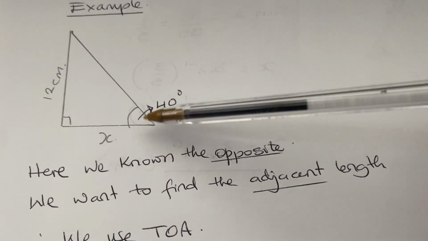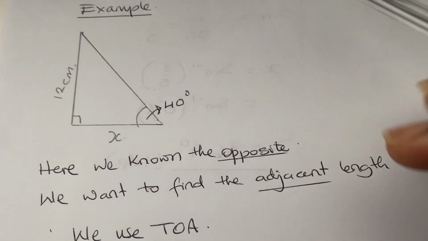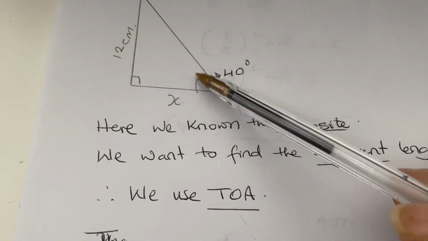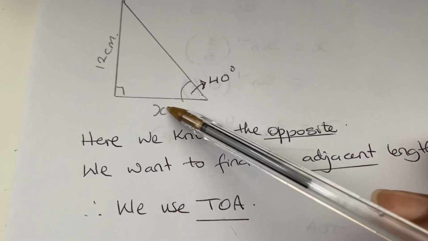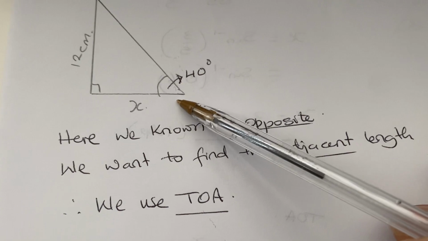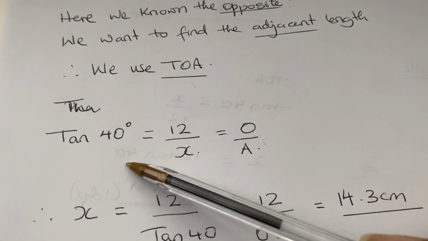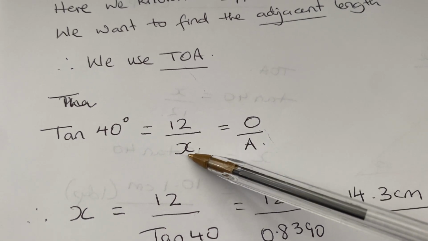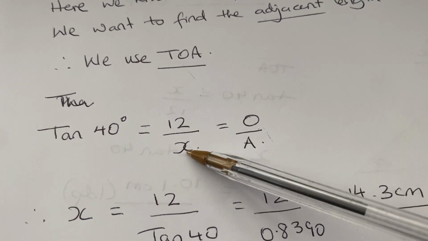So tan of 40 is the opposite, which is 12, divided by the adjacent, which is our x. So tan of 40 will be 12 divided by x.